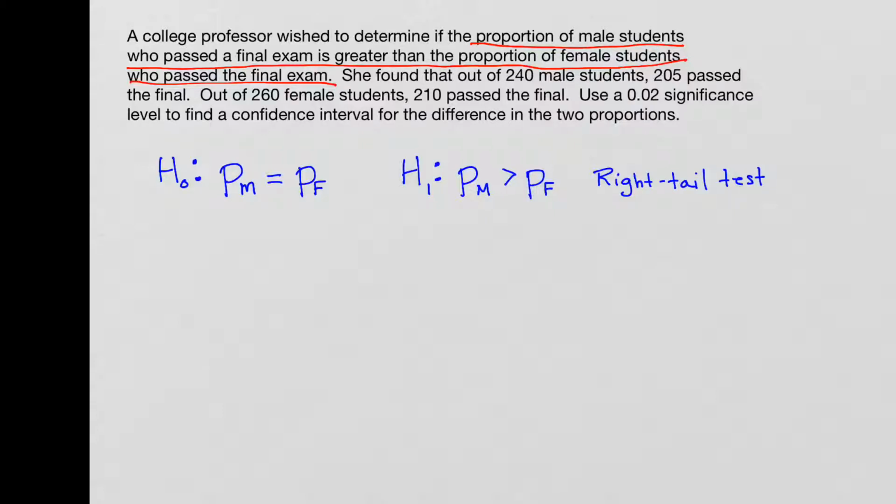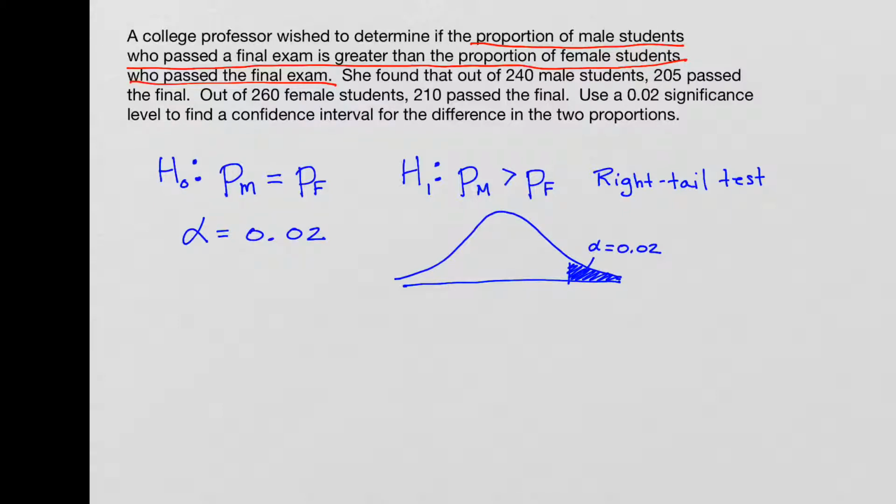So since our significance level is alpha, that means that alpha in this problem is 0.02. Well, what we know about our significance level, or alpha, is that that is the area in the tail. So since this is a right tail test, all of the value of alpha is in that right tail. So we have alpha equals 0.02 in the right-hand tail.